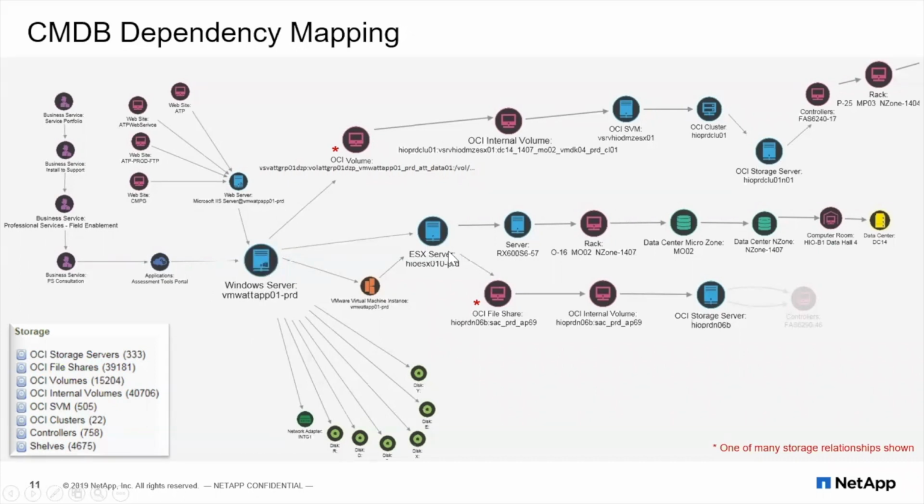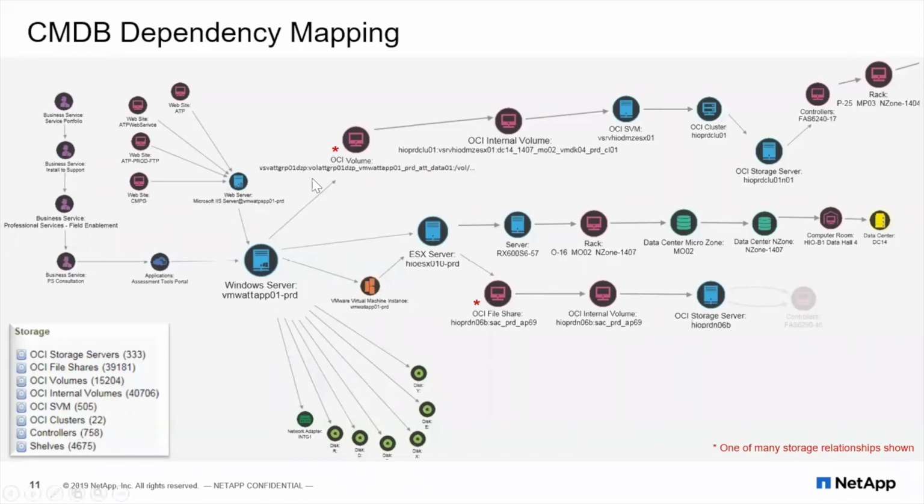It's running on a hypervisor, which is running on a physical server, which is tied into the rack. The ESX has some of its own storage. The Windows server has some storage that it's using to host the application, right? So it eventually ties back to a controller in a rack. And upstream from that is going to be your application. And we have also created relationships up to our business services.